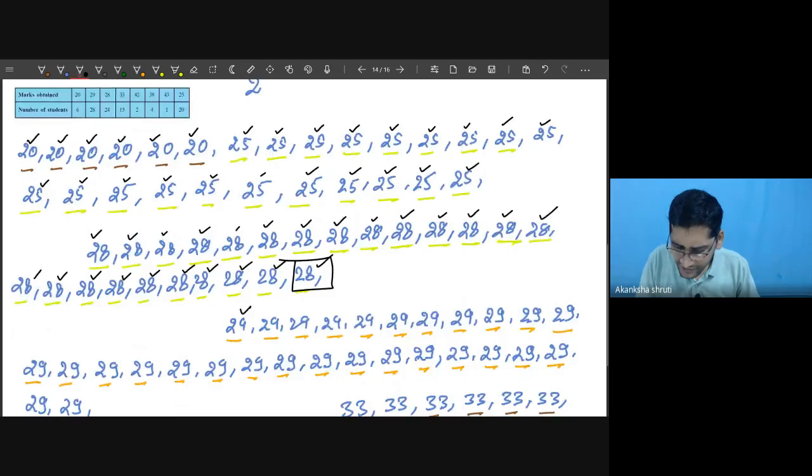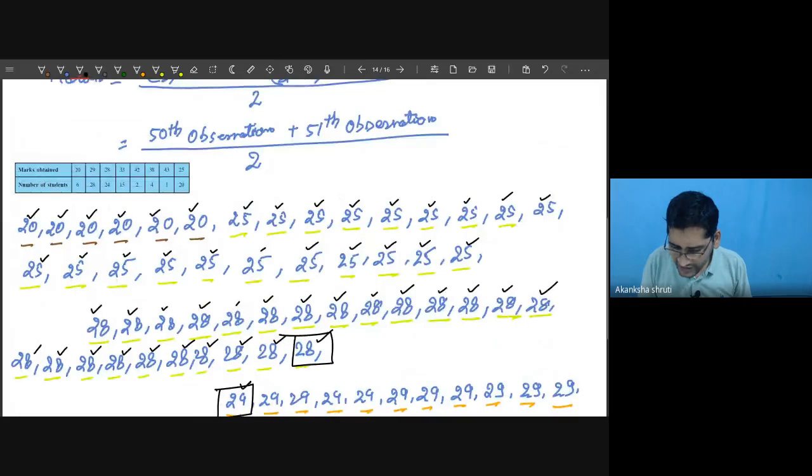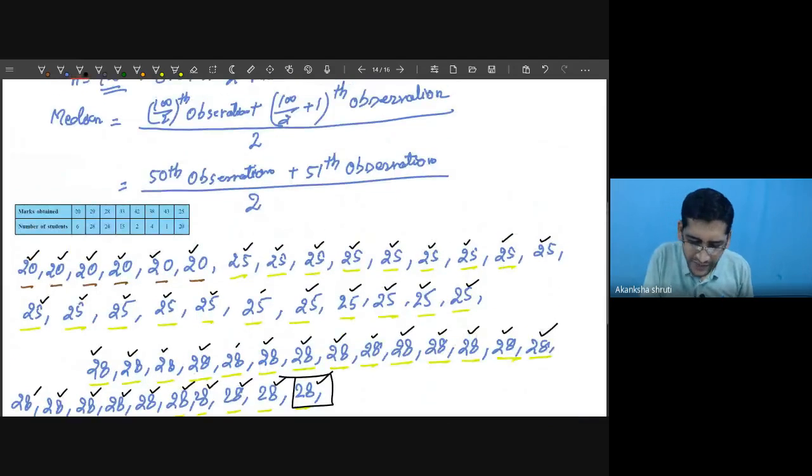And the next one is what? 51. So it's this much. What are we observing? It is 28 and 29 we shall put. So this 50th observation here is our 28 and the 51st observation is our 29.